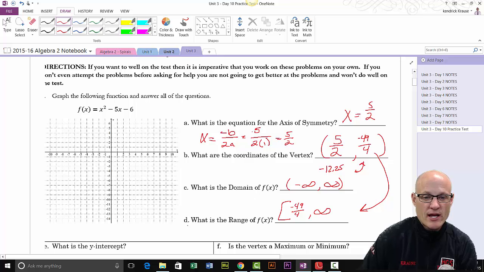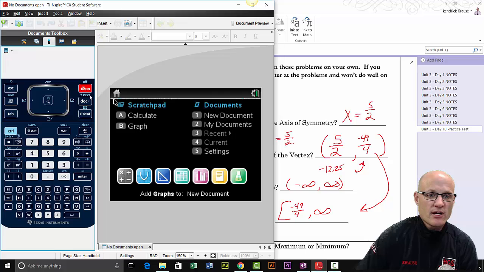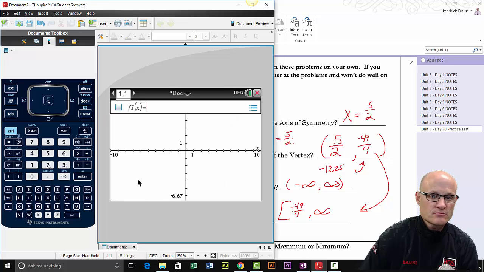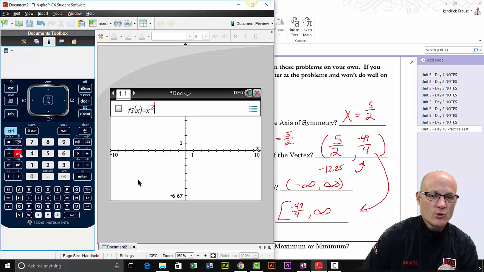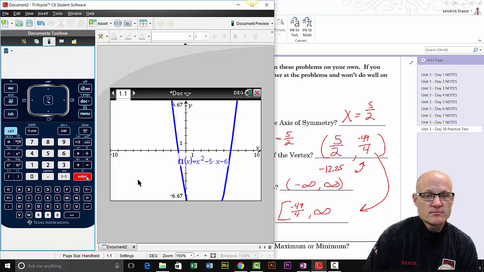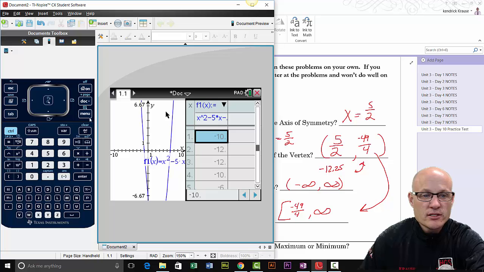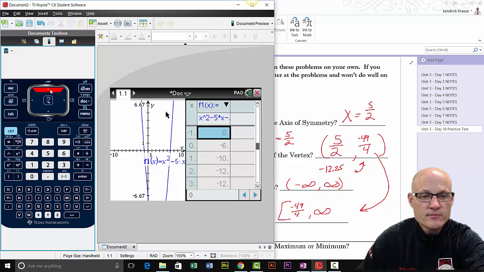While we're here, we're going to graph it, so you might as well grab this puppy, go over to graphing mode, and we'll get x squared minus 5x minus 6. And there it is. I go to the table, Control T. Let's see, can I go any further up? So negative 2, 8, not going to make it.